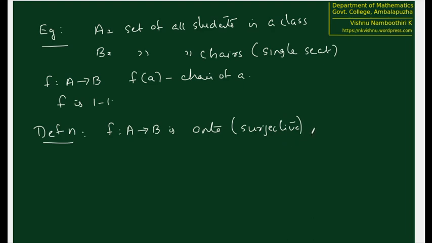It's said to be surjective or onto if for b in B there exists a in A such that f of a is equal to b. So corresponding to every element in capital B, we can find some element in capital A such that b becomes the image of that a.